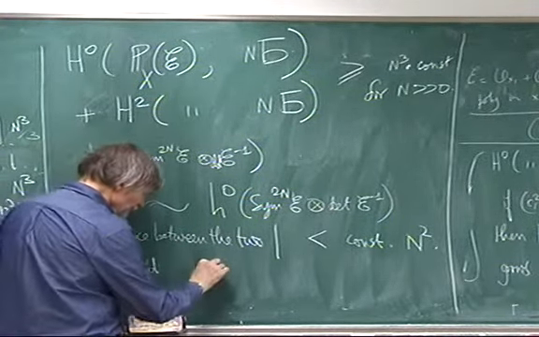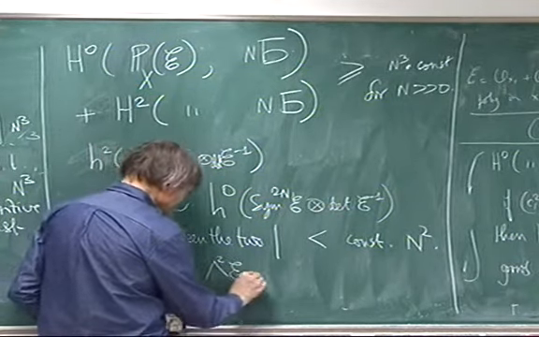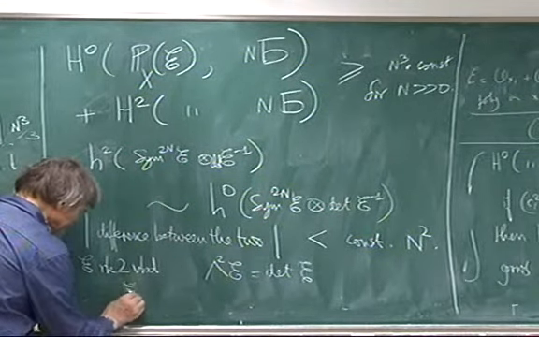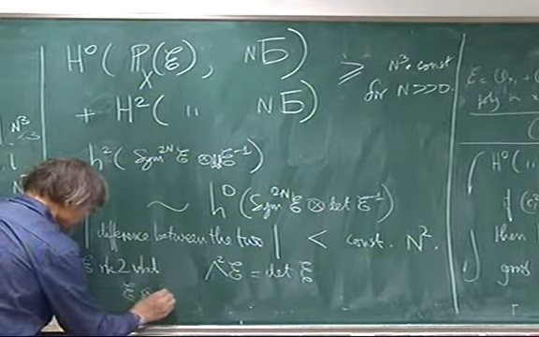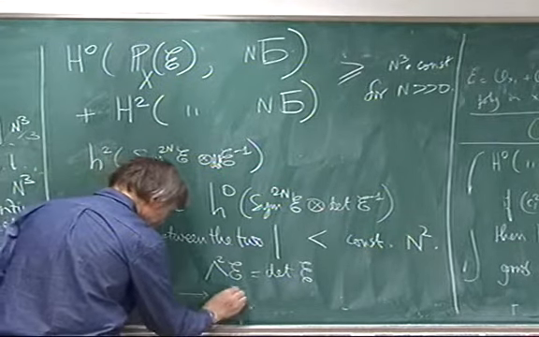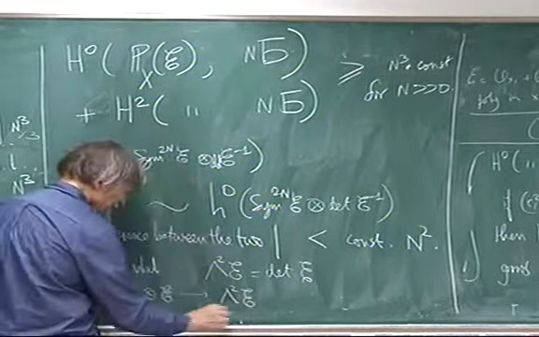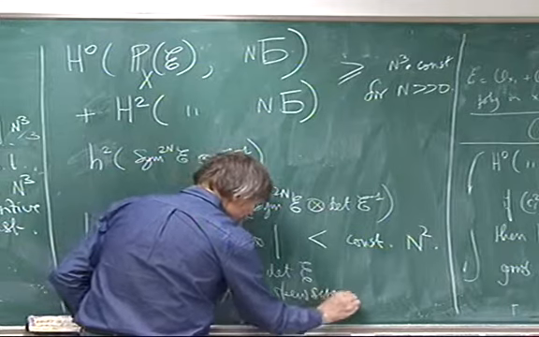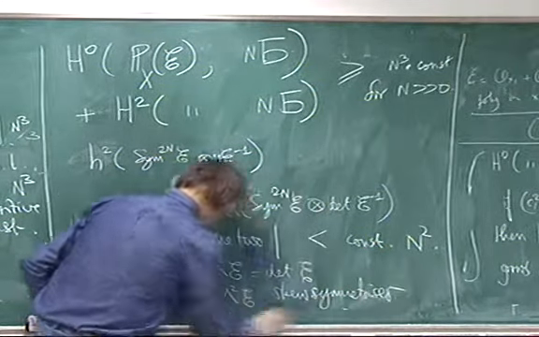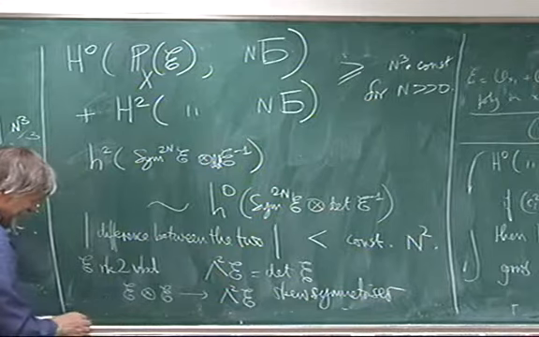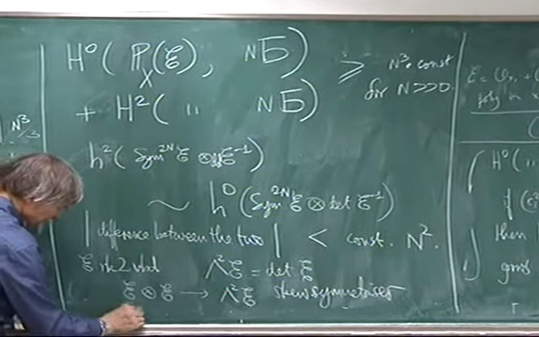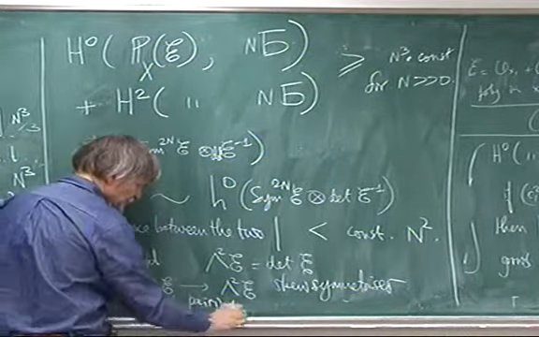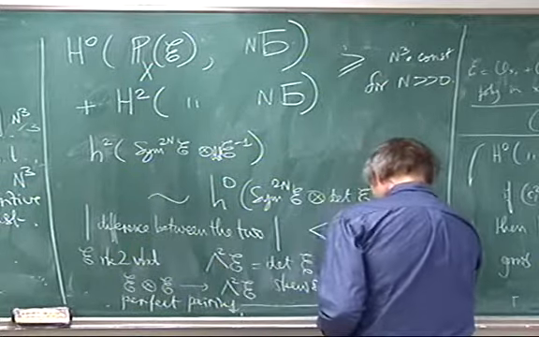So wedge 2 of E is determinant of E. But in this context, I've got E tensor E maps to wedge 2 of E, the skew symmetrizer, and this map is a perfect pairing, in characteristic not equal to 2.